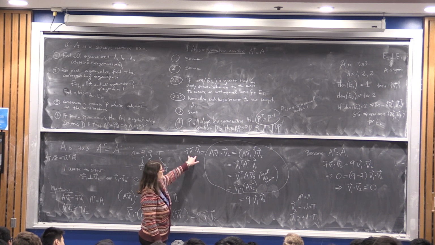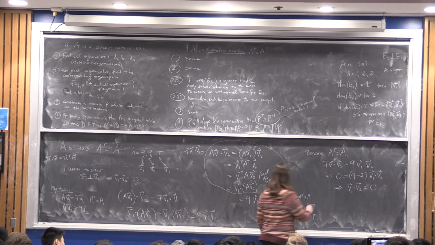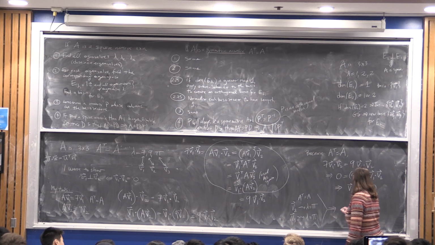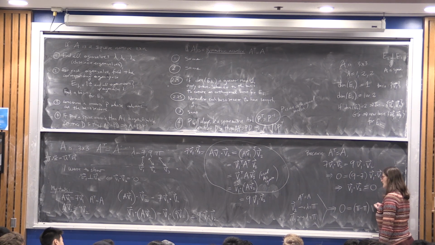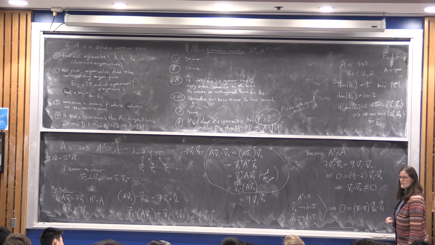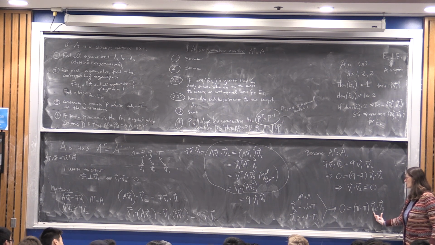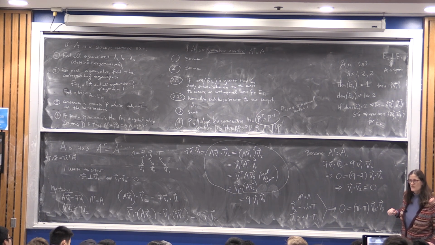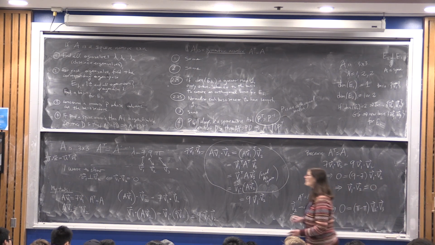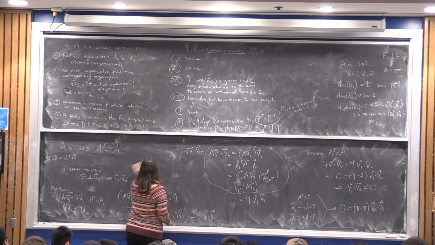No. This would have changed, and that would have changed. This would have led to 0 is equal to pi minus pi times V2 dot V3. So can I conclude that these vectors are orthogonal? No. Okay, so did this argument have to do with A being a 3 by 3 matrix? No. Did it have to do with the values 7 and 9? No. So let's just do the proof properly then, instead of by examples.